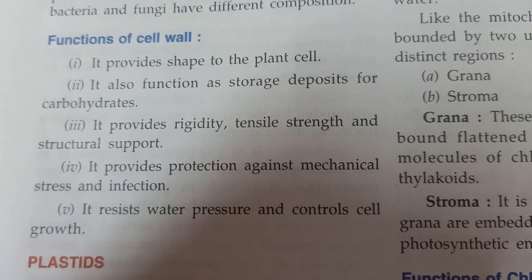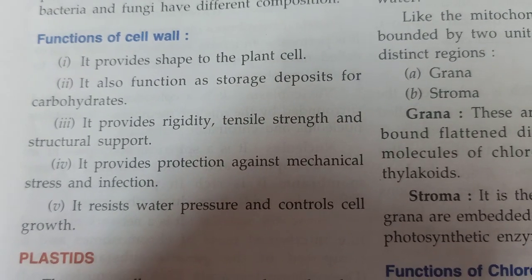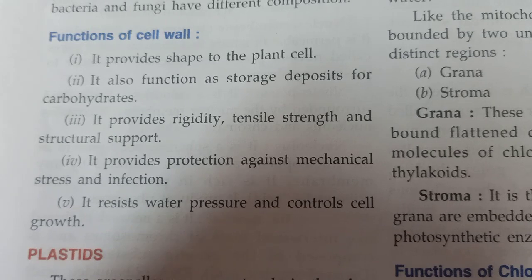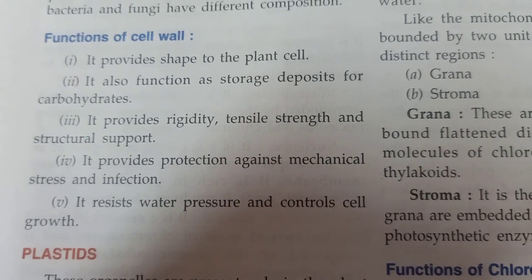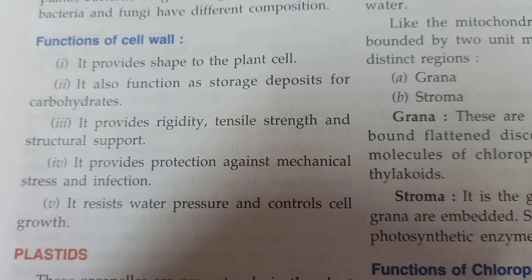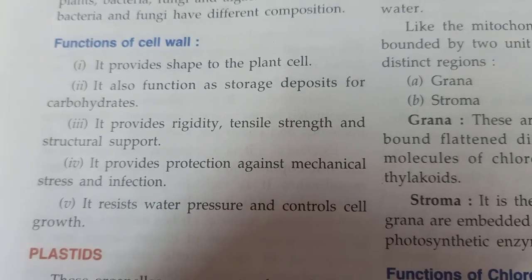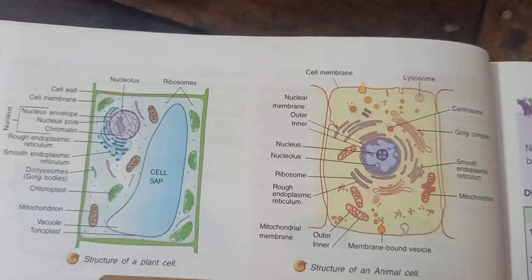It helps in supporting the plant cell. Fourth, it provides protection against mechanical stress and infection. Fifth, it resists water pressure and controls cell growth. Now this is all about the function of the cell wall.